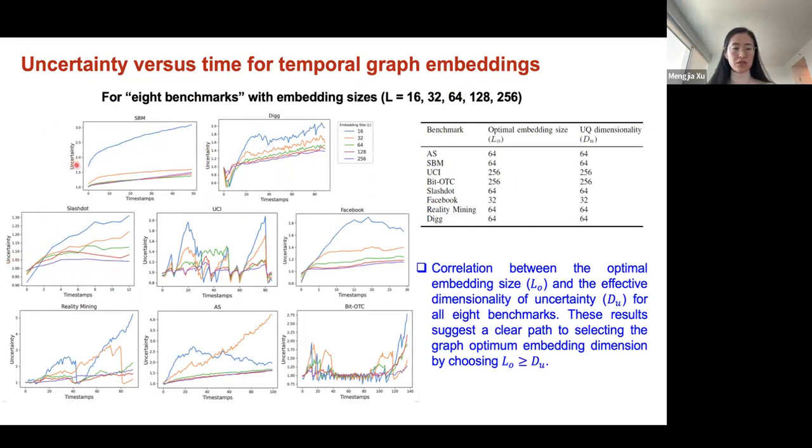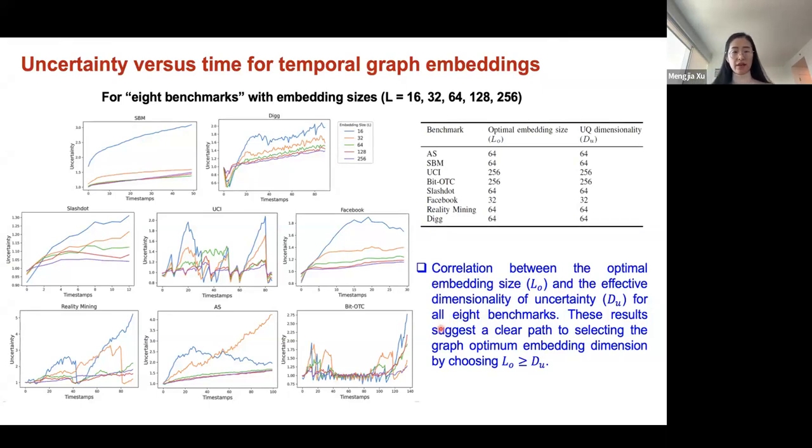We can see the uncertainty can be measured as a function of time step t over time, and also different embedding size. We can find a very interesting correlation between the optimal embedding size and the effective dimensionality of the uncertainty for 8 different benchmarks.